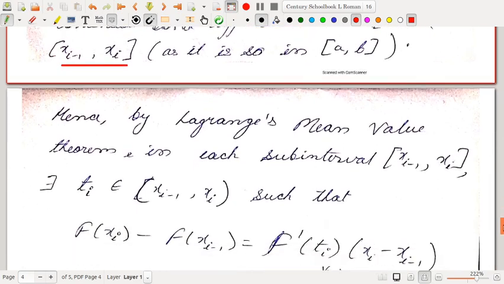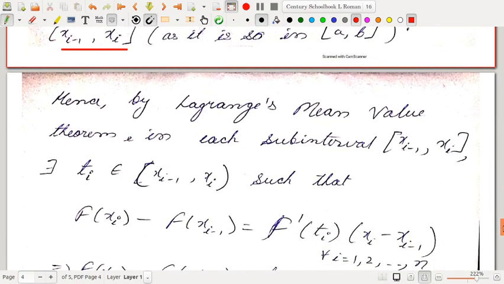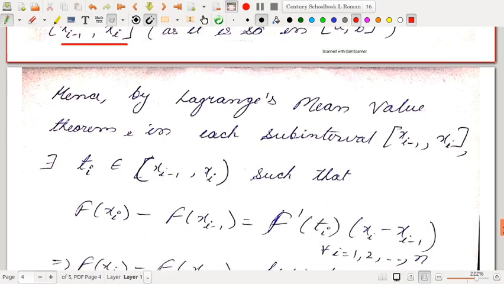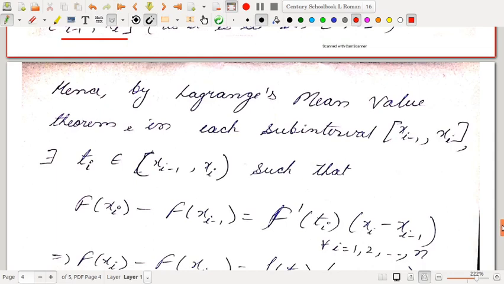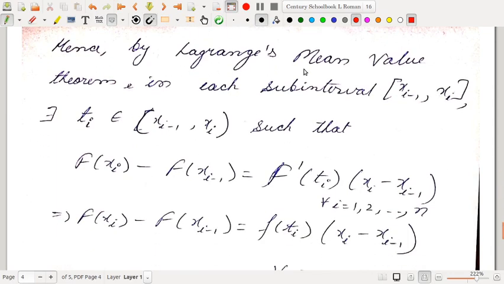So whenever we have a continuous and differentiable function in a subinterval, we can always apply Lagrange's mean value theorem, which you have already learned in calculus. So by Lagrange's mean value theorem, in the interval [xi minus 1, xi], there exists ti belonging to it such that, in the original theorem there exists a c lying between a and b.